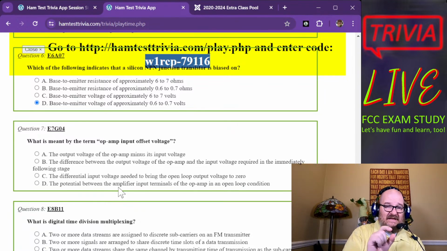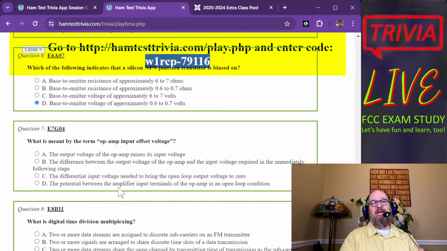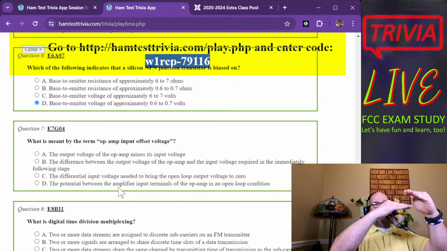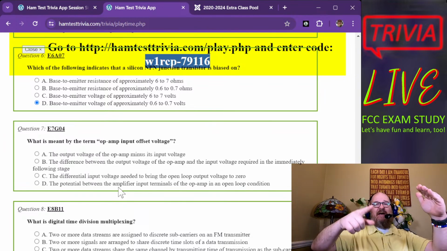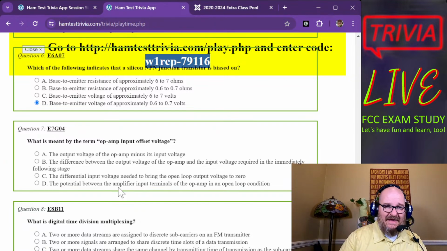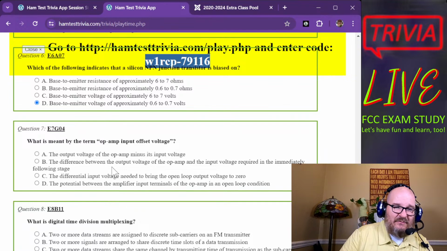I believe in an op-amp, if you put an input offset voltage, especially if you're using a 0 volt ground and then positive power supply, if you have AC coming in, it's going to clip it. So I believe it allows you to have a full sine wave and then you use a capacitor at the output to be able to get a pure sine wave towards the end or on the output. So let's take a look and see, now that I've kind of reasoned through this.